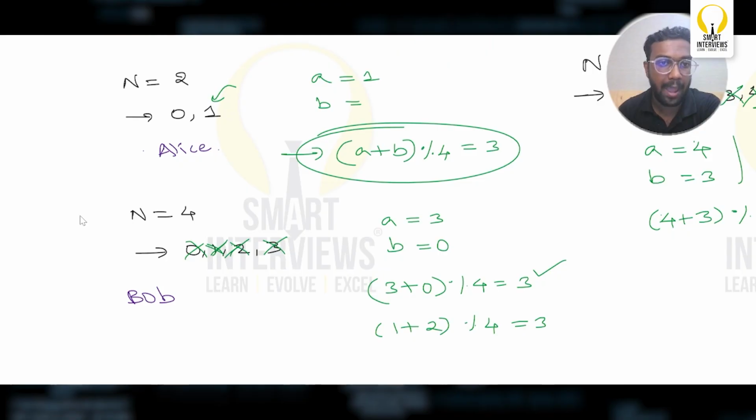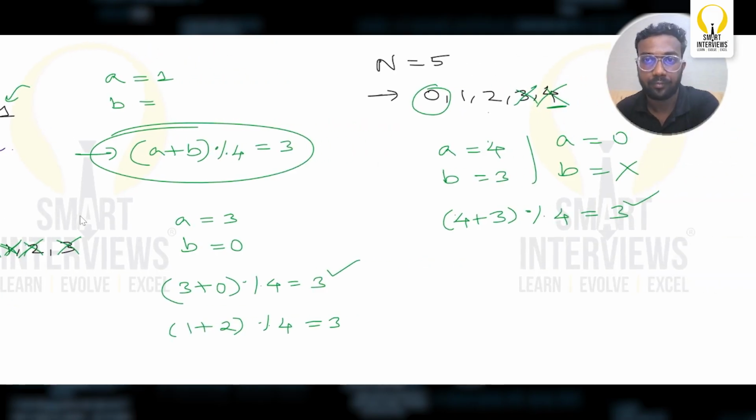Whatever Alice picks here, Bob had an integer to pick to make this condition valid, right? N equal to 5. For the first time, Bob had an option to make this condition valid, but for the second time, Alice has picked an integer such that Bob had no other option but to lose. Hence Alice wins.